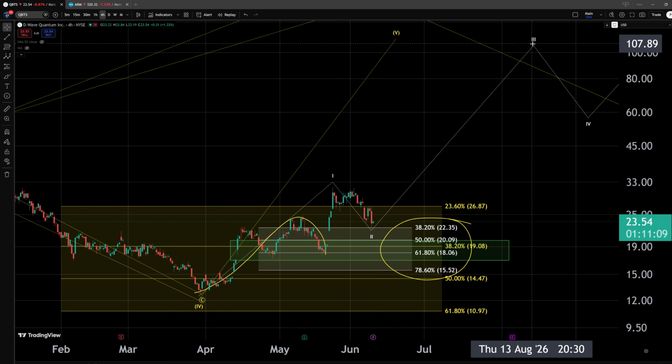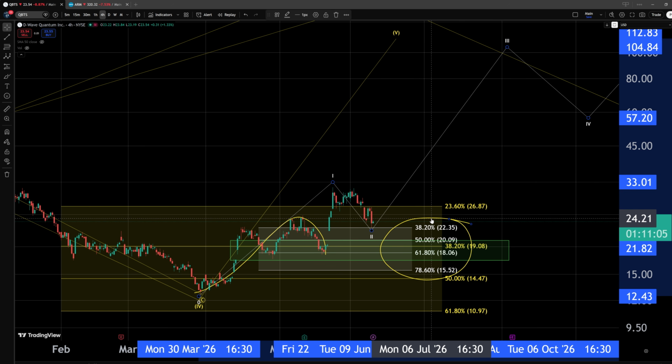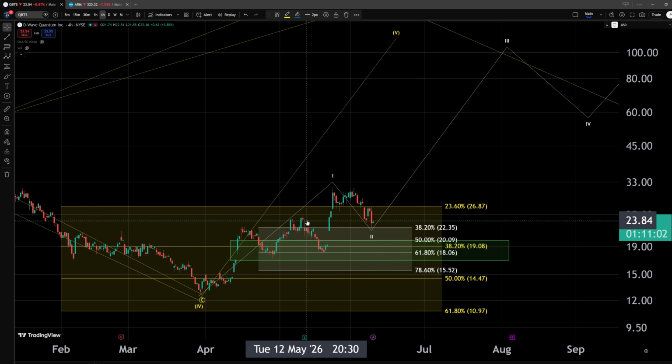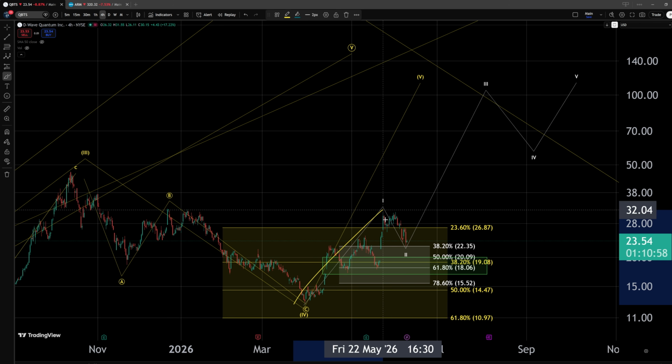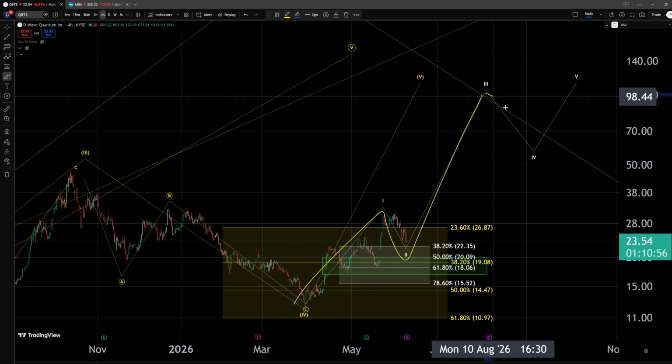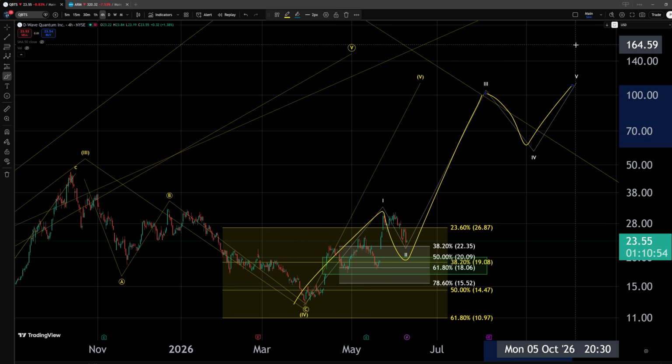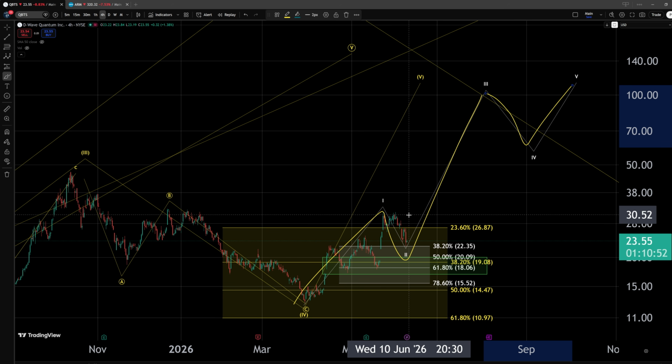Now, just as a quick reference to the larger time frame perspective, in the case of this chart, we actually have a couple of options. We could expect both a 3-wave pattern and a 5-wave pattern in this overall construction to the upside.